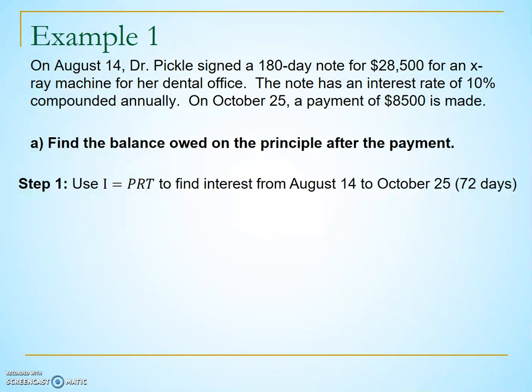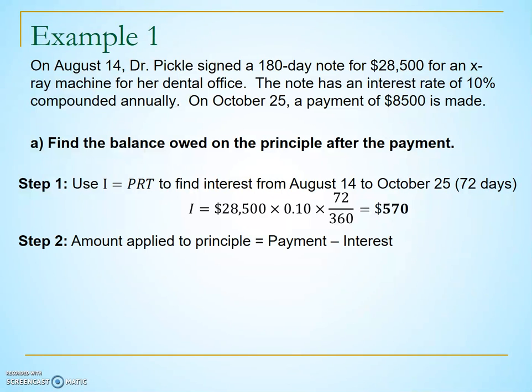Using simple interest, I is equal to PRT, we find that the interest earned during the first 72 days of this loan is $28,500 times 0.10 times 72 over 360, resulting in $570 in interest earned over the first 72 days.